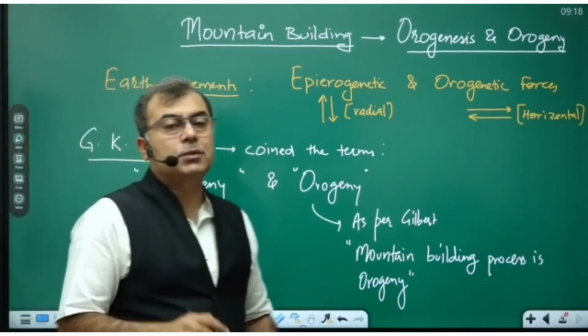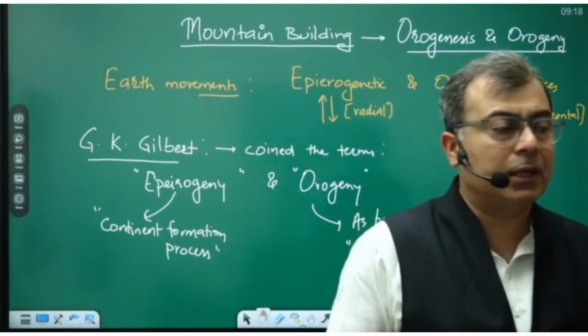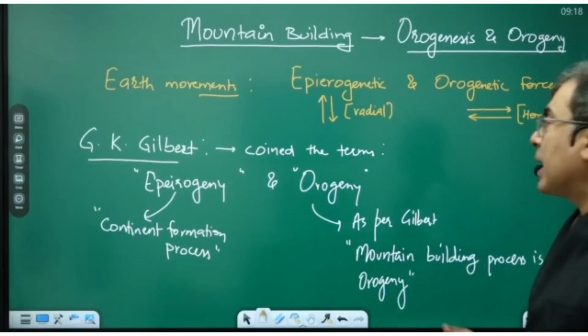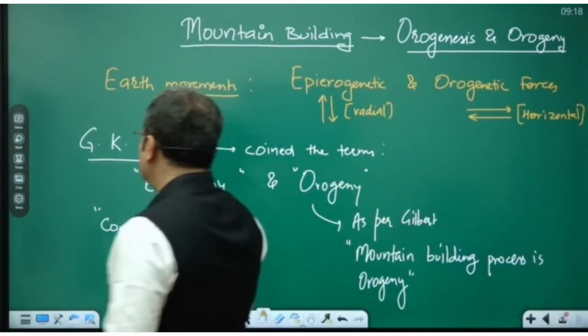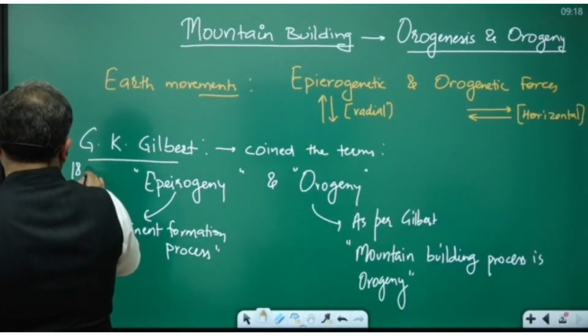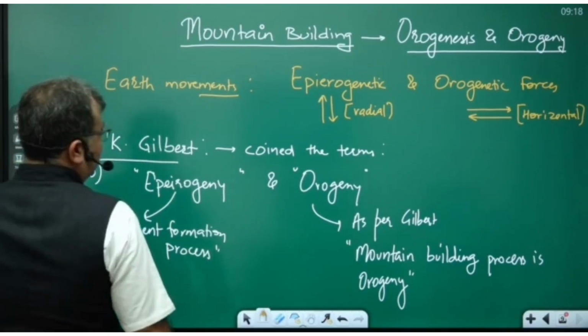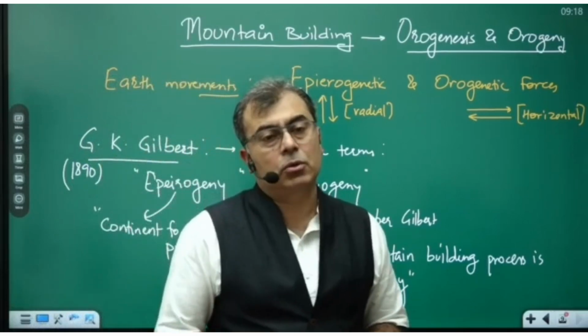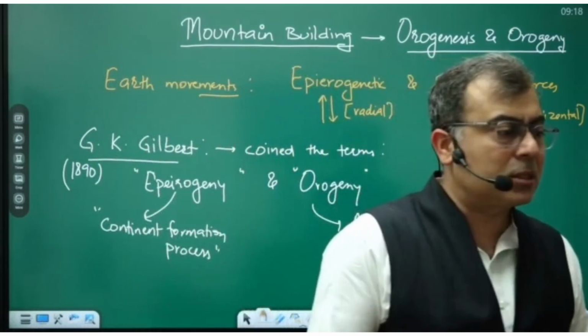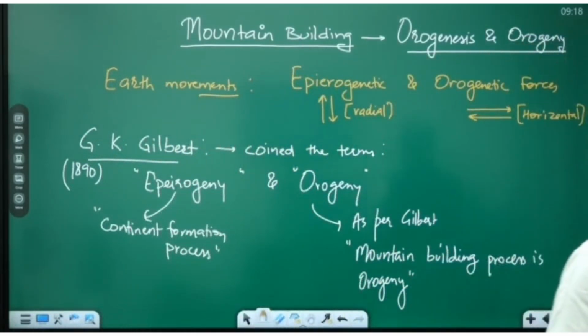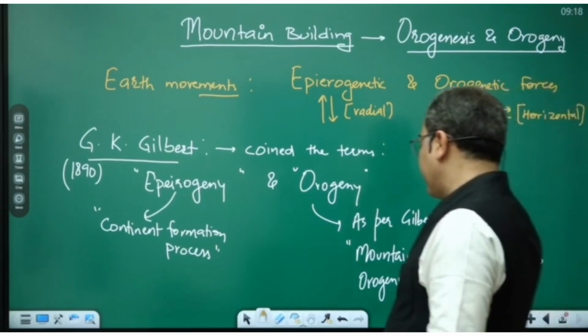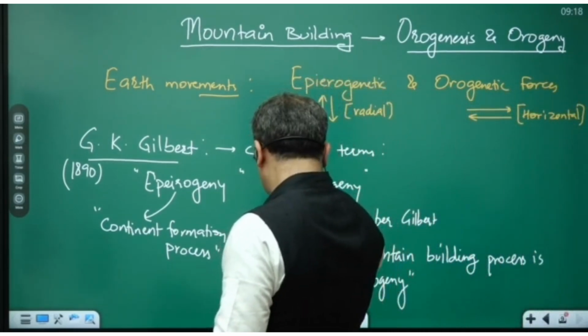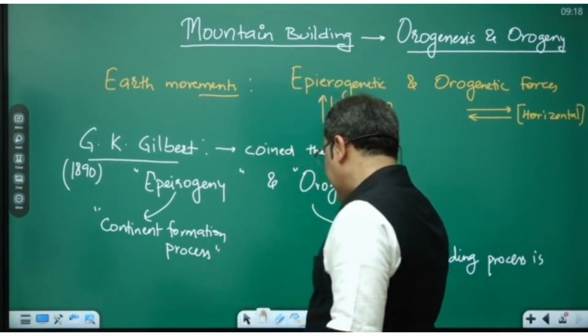So the two words, epirogeny and orogeny, if we are looking at the origin, this happened in the late 19th century, 1890s we are talking about. Till then, was there any idea of plate tectonics? No, there was no idea of plate tectonics. So these are the things in the evolution of the theory of geomorphology, where these were first used.